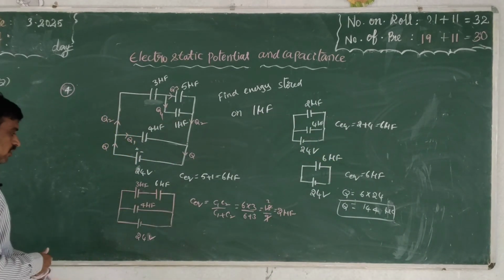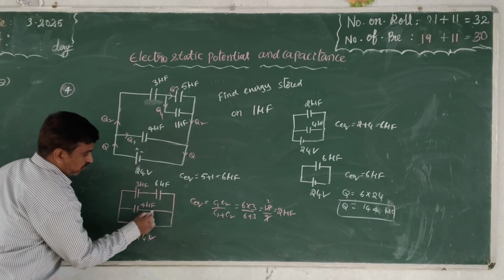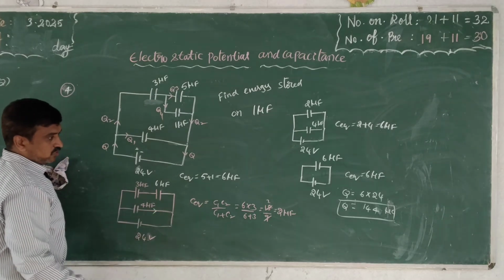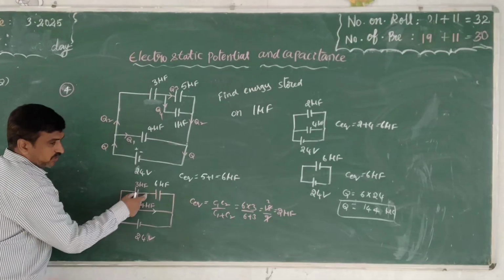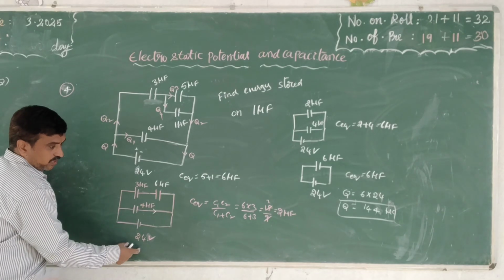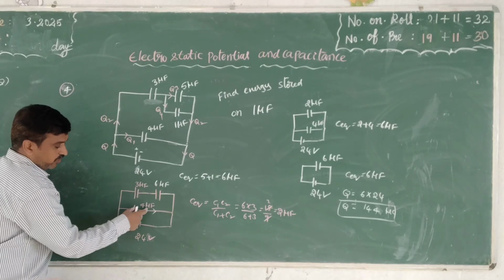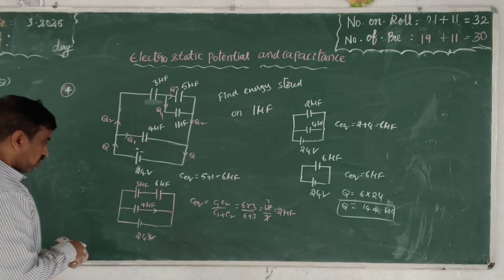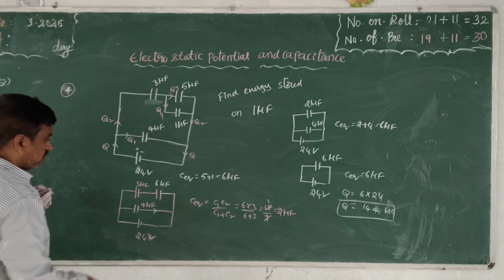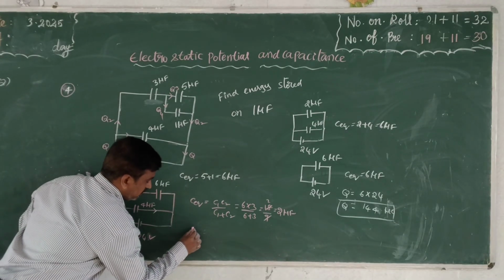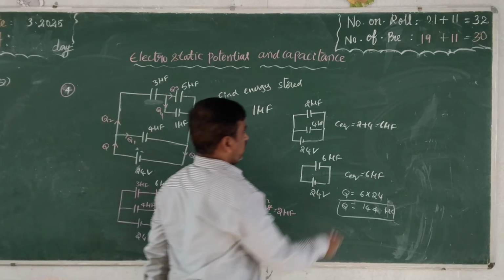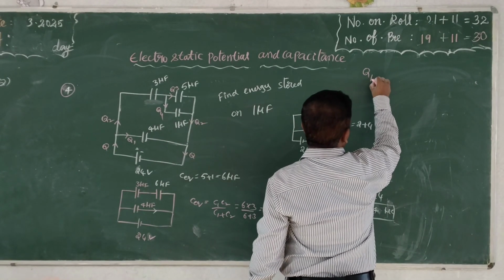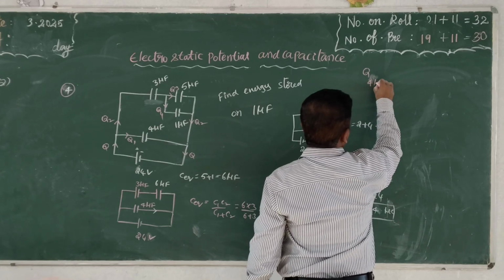We want to find out first the charge in this one. The total charge is 144 here, and the potential is the same across both branches. What is the potential? 24 here, and 24 here also. Now we find the charge on 4 microfarads.